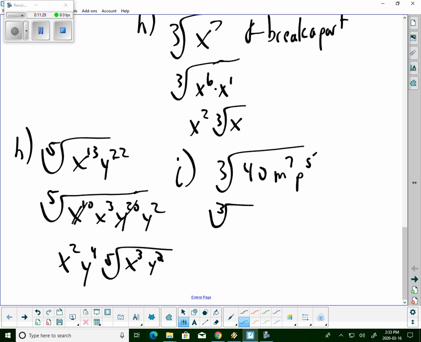I'll start with the radical. What numbers multiply to get 40 where one of them we can cube root? Square root, but not cube root. The numbers that give me 40.